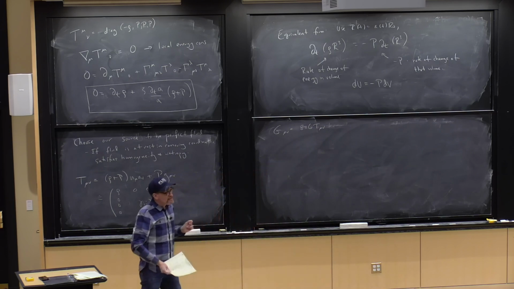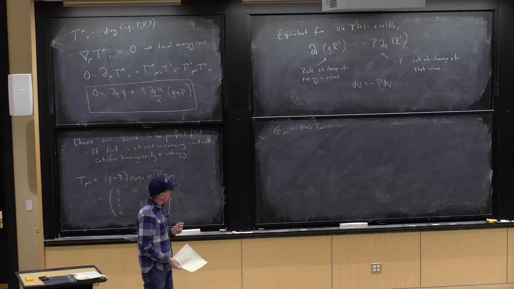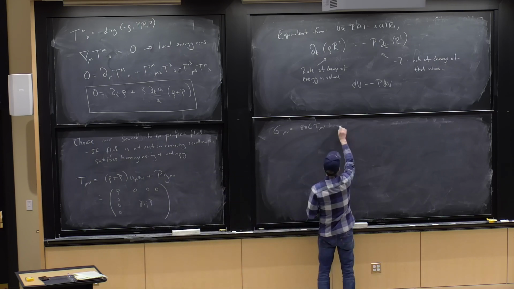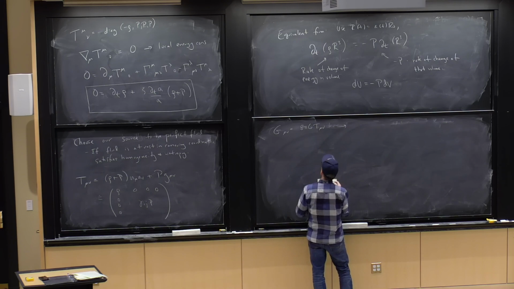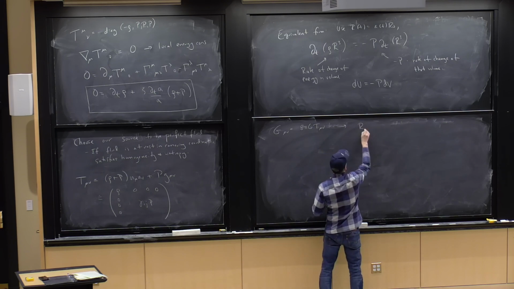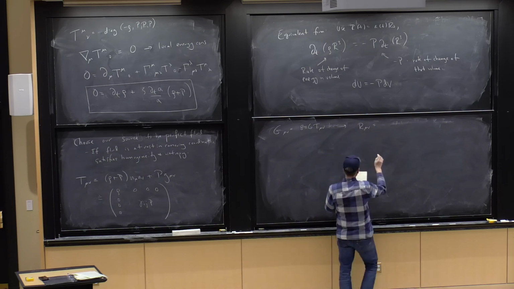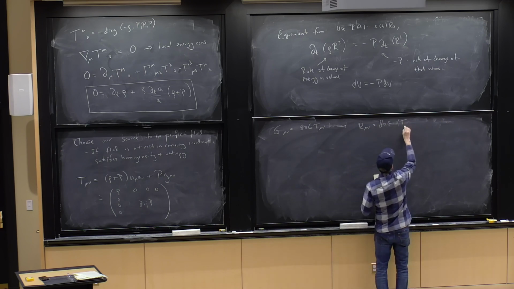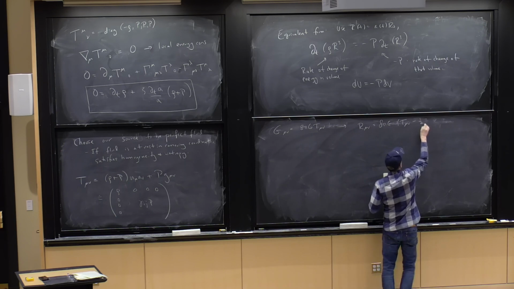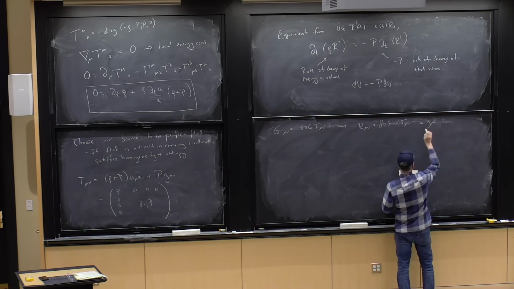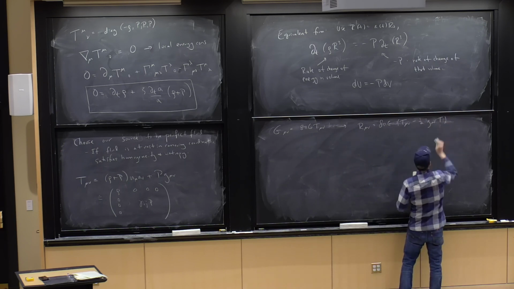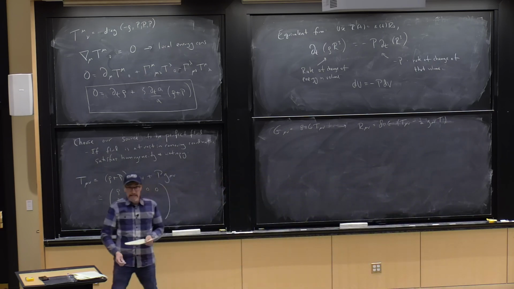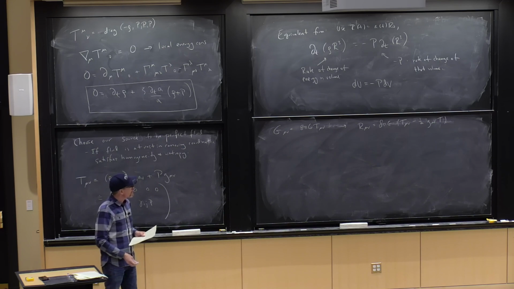The equations that are traditionally used to describe cosmology are a little bit more naturally written if I change this into the form that uses the Ricci tensor. So let me rewrite this as R mu nu equals 8 pi G times T mu nu minus one half g mu nu T. Okay, so this is equivalent, where T is just the usual trace of the stress energy tensor.